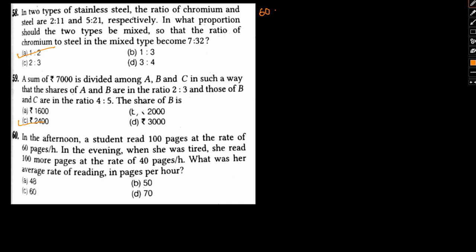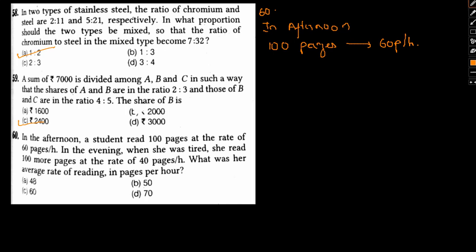Okay, so in the afternoon she reads 100 pages at 60 pages per hour.